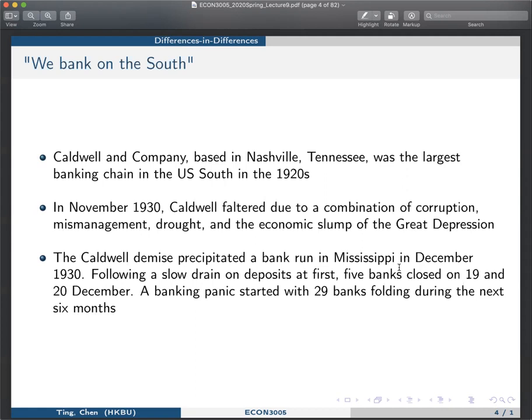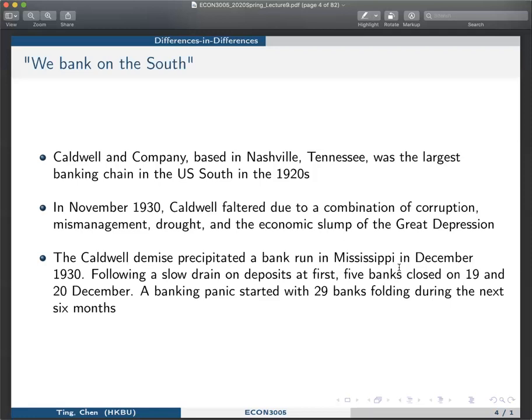So the bank exposed itself a lot to agricultural loans, so drought would naturally hit that. And of course, the economic slump of the Great Depression also directly impacted the bank.